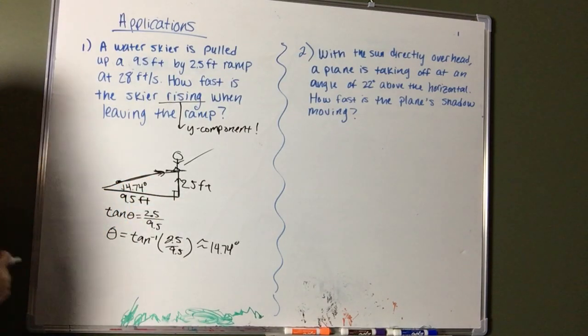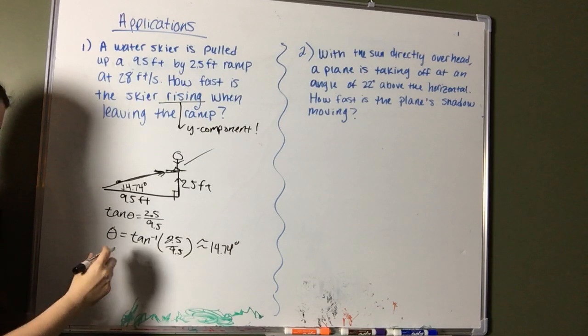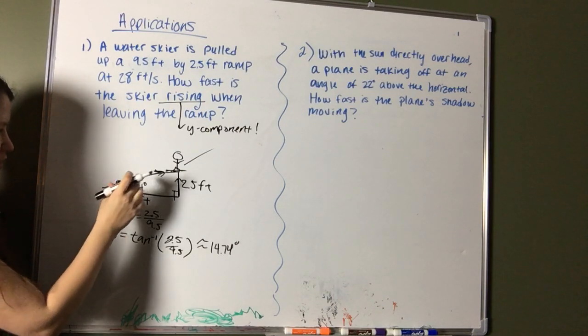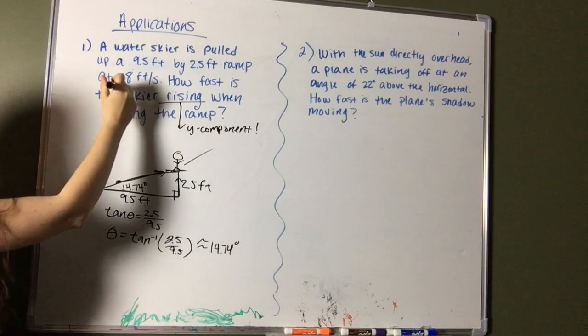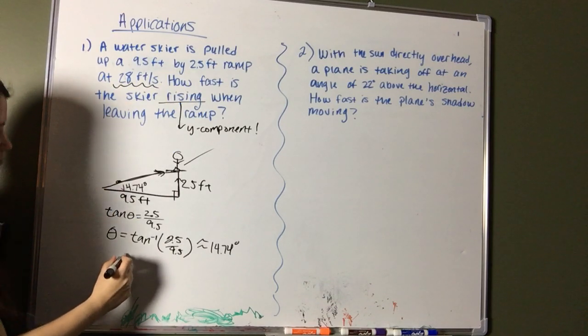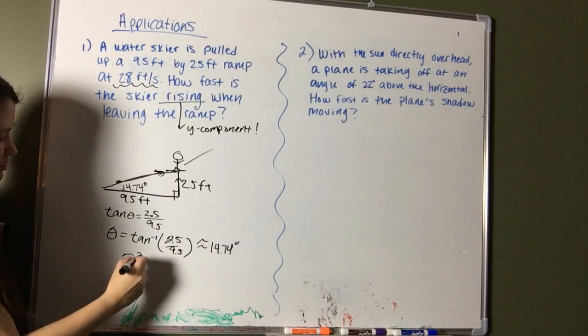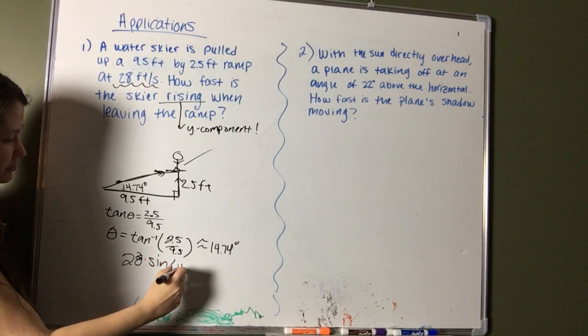So to get our y component, we would take the length of our vector, which we said is corresponding to their speed, so 28 multiplied by sine of our angle.